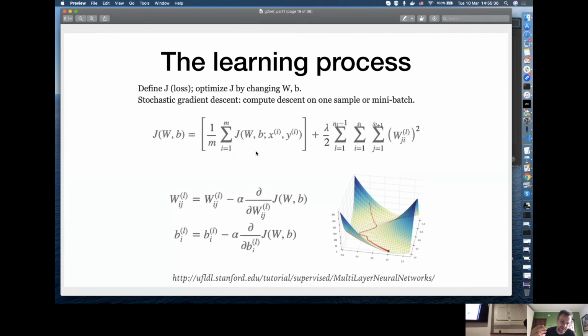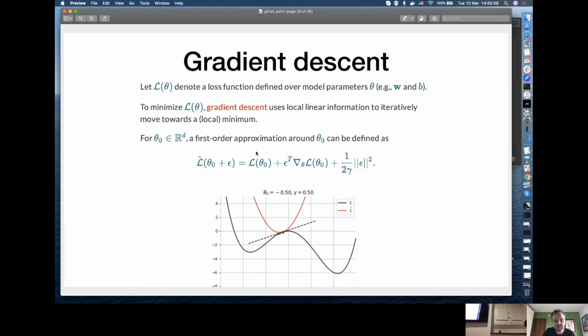Of course, the step is very crude, as you can see, and the step, the learning rate, as it's called by practitioners, is just a relaxation factor. It's alpha, and it dictates how quickly you will change the weights, and typically it's quite small, as you can imagine. So I don't think this needs to be further described, but in gradient descent, you use local linear information to move towards a local minimum.